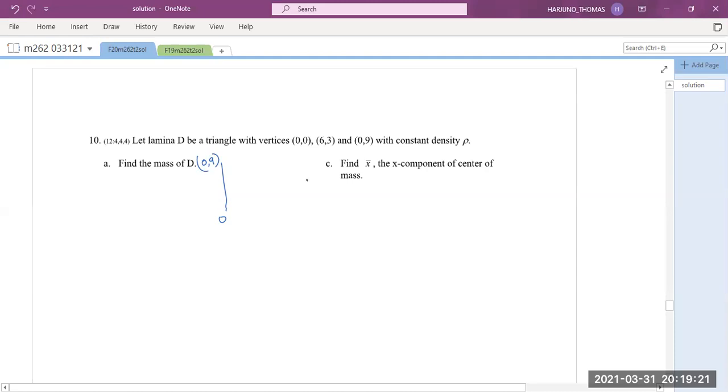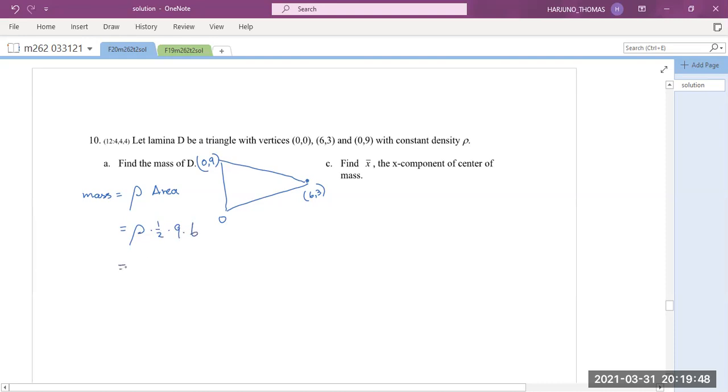Find the mass. Remember this is a constant density, so this is rho times area. That's rho times 1/2, 9 times 6.